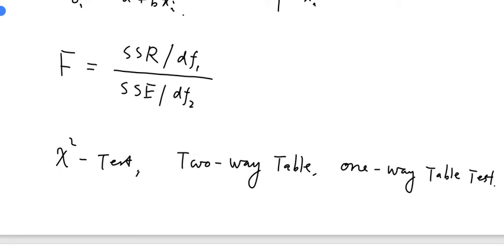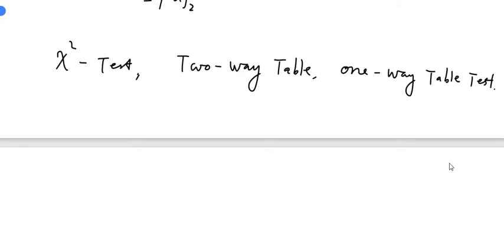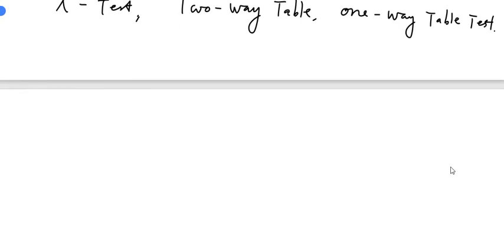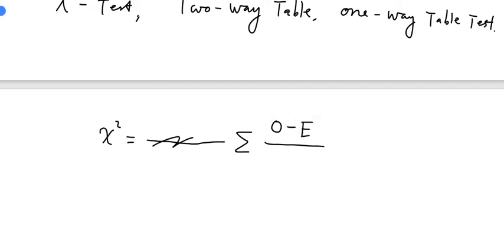So we know what a one-way table and two-way table mean. We have this formula, right? We use this as the chi-square value. So chi-square value is equal to the summation of observed value minus expected value, squared, over expected.